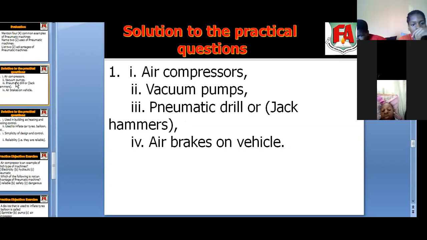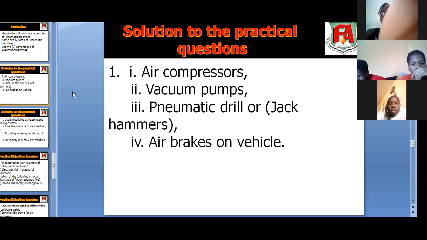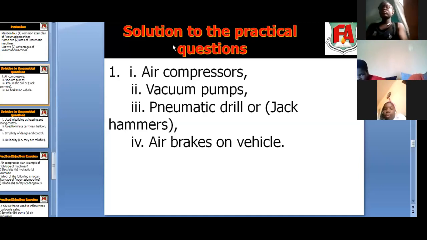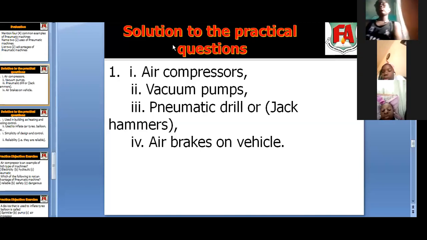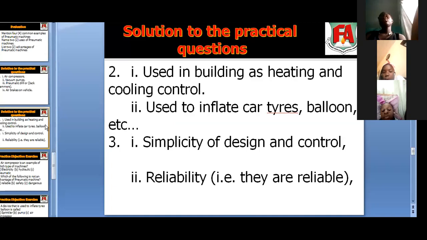For question number 1: air compressor, vacuum pump, pneumatic drill or jackhammer, and air brake on vehicle. Exactly. That is the possible answer to question number 1. Now let's look at the possible answer to question number 2.